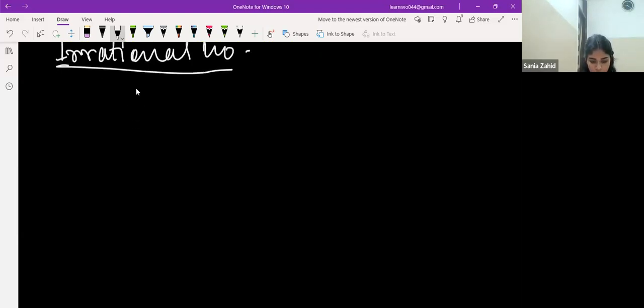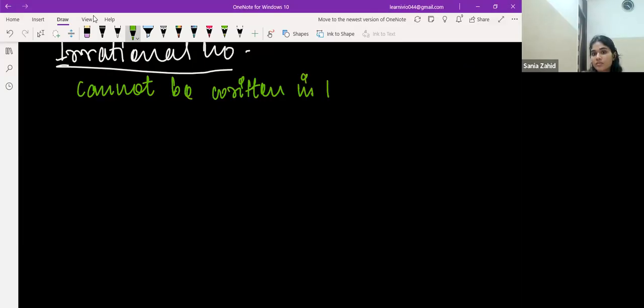Irrational numbers are numbers which cannot be written in the form of p by q. We know that rational numbers are written in the form of p by q where q is not equal to 0, but irrational numbers cannot be written in the form of p by q.